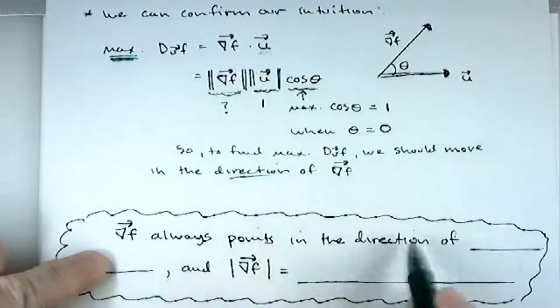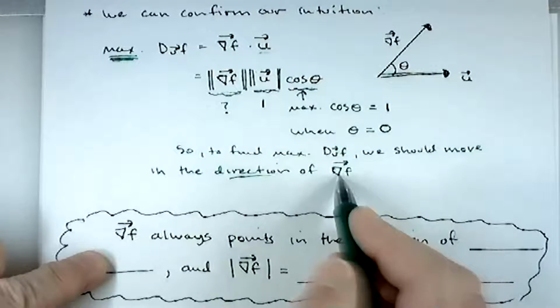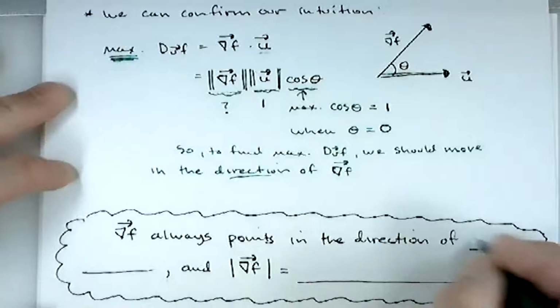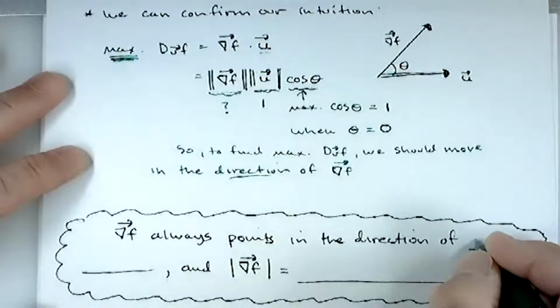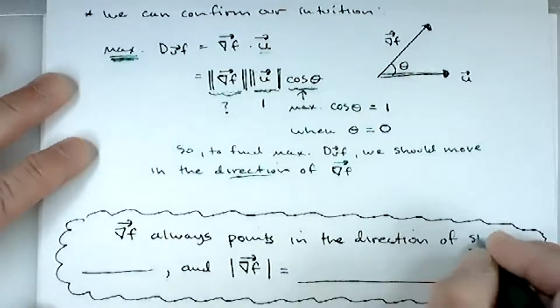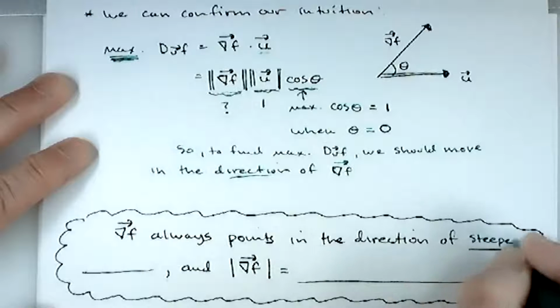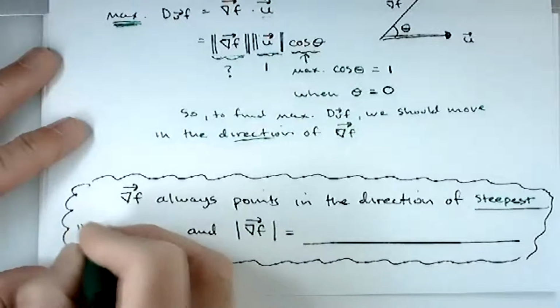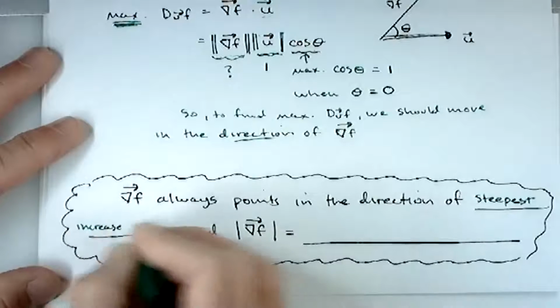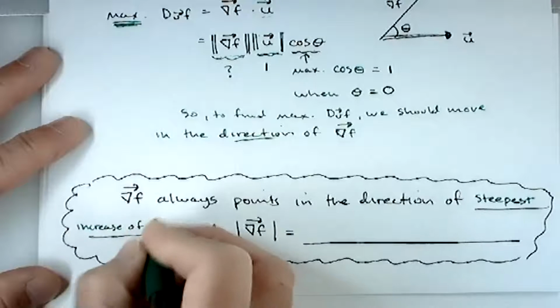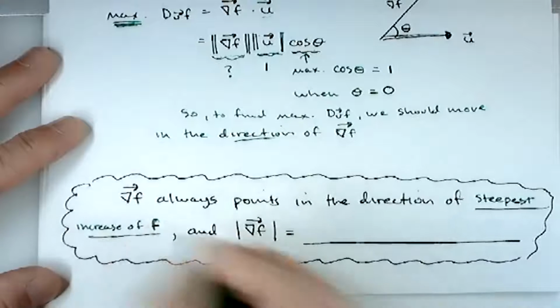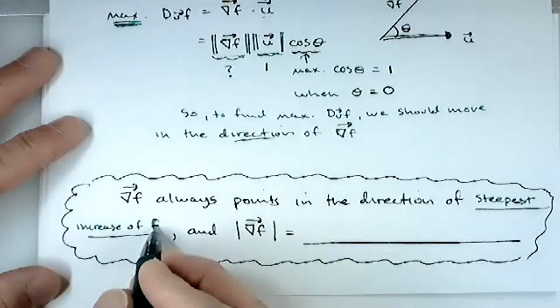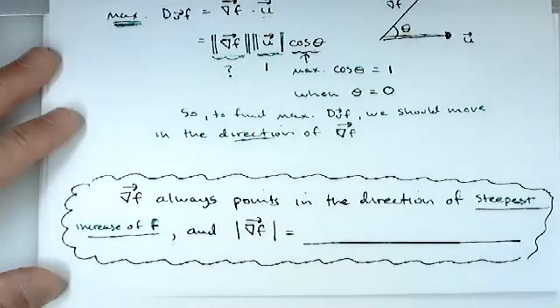The gradient vector always itself, just that vector, points in the direction of, we can call it steepest ascent. How about steepest increase? There's another way to put it. I'm trying to give you all the different ways of f. In other words, my maximum directional derivative, steepest increase of f. These are all synonyms for the same thing.